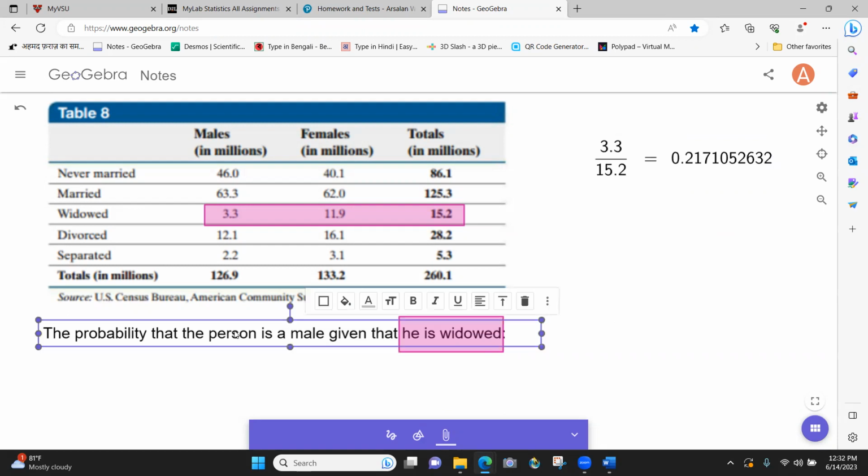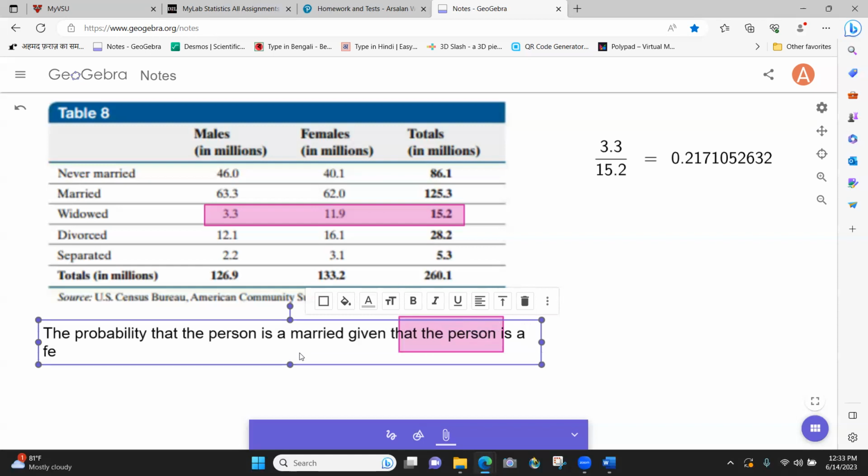So let's say I change it to find the probability that the person is married, given that the person is a female. How do we do that?